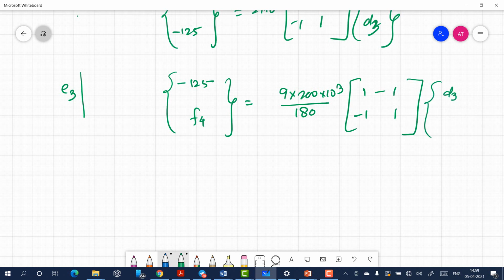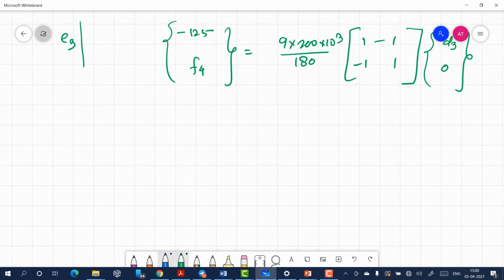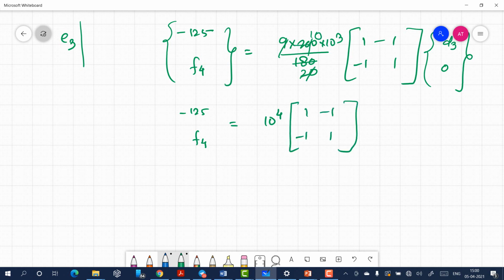D3 is not known to me, D4 is 0. So now I have minus 125 and F4 equals 10 to the power 4, [1 -1; -1 1], D3 and 0. Okay, so this is my element number 3.